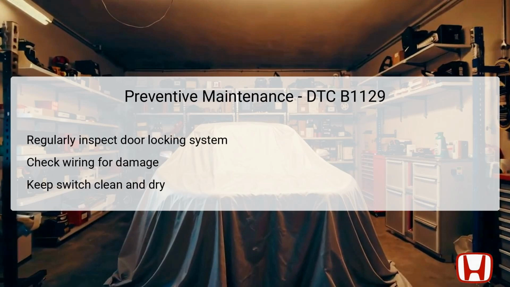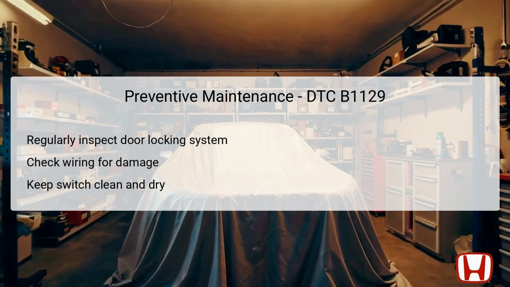To maintain the longevity of the door lock mechanisms and prevent issues like DTC B1129 in the future, regular preventive maintenance is essential. This includes routinely inspecting the door locking system and checking for any visible wiring damage that may occur over time.